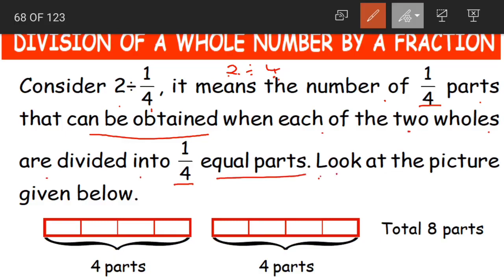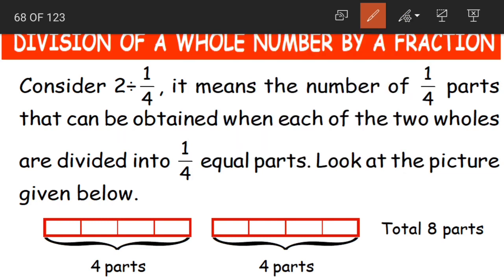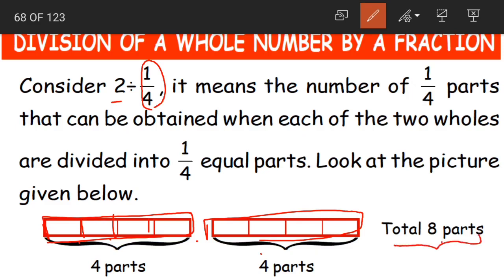What does that mean, children? How 2 is to be divided into 1 by 4 parts. We are having 2 wholes. Each is to be divided into equal 1 by 4 parts. Upon dividing, how many parts will we get? We'll get to know by this division, 2 divided by 1 by 4.